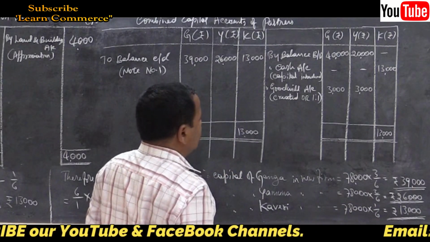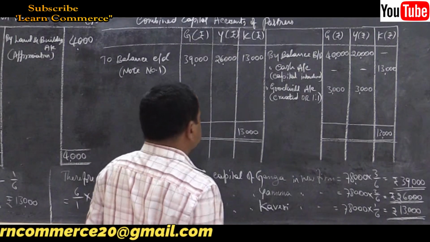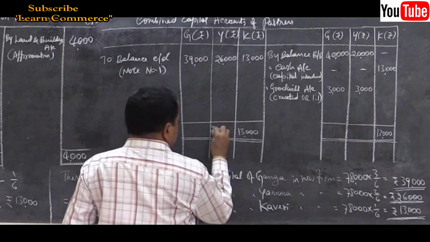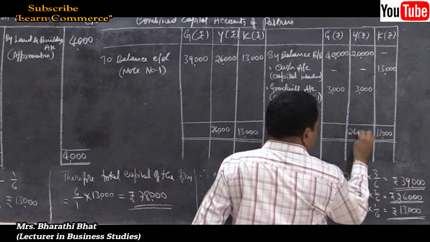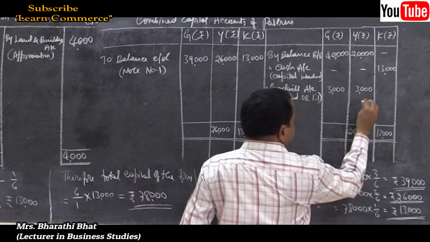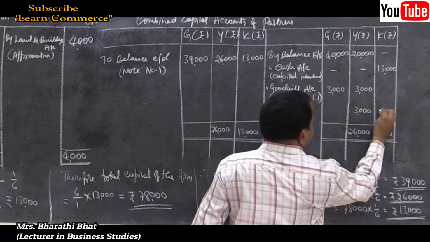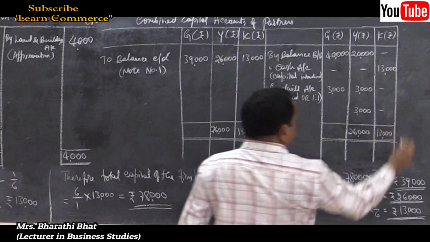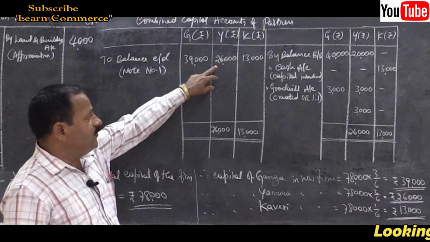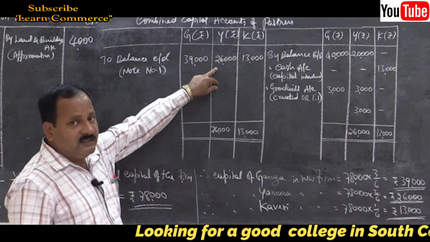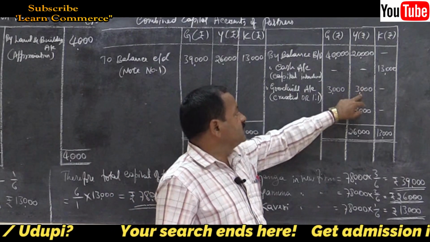What about the second partner, Yamuna? 23,000 on the credit side, 26,000 on the debit side. So write the total of the higher side first, write the same total on the other side, 26,000. Difference is how much? 3,000. This is nothing but shortage of capital in Yamuna's capital account. There must be 26,000, but there is only 23,000, 20 plus 3.